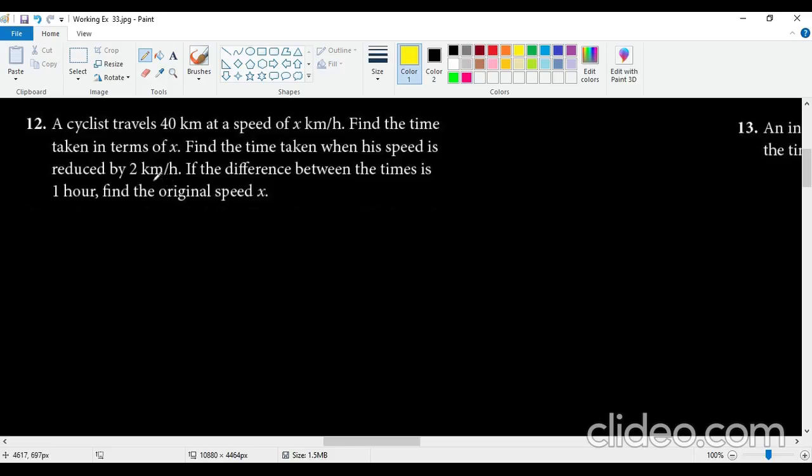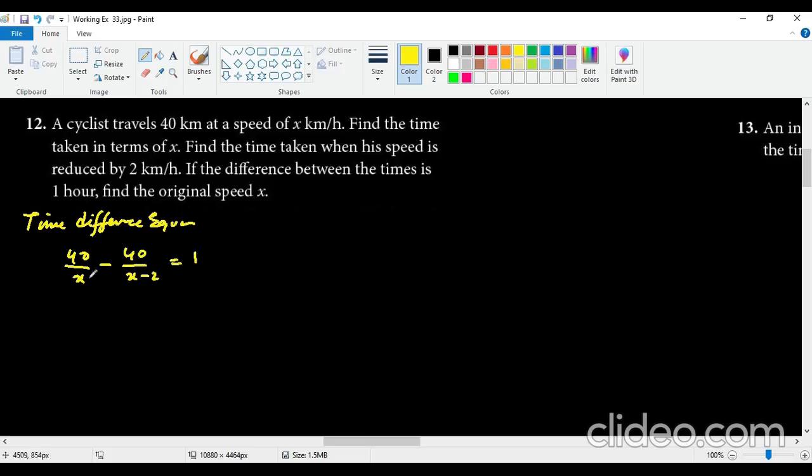In question number 12, it says a cyclist travels 40 kilometers at a speed of x kilometers per hour. So for the time difference, there are going to be two equations. The time difference equation is going to be 40 over x minus 2 minus 40 over x, because the difference is 2, equals 1 hour.